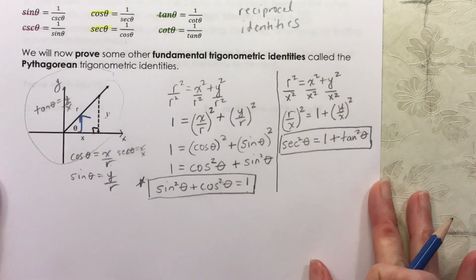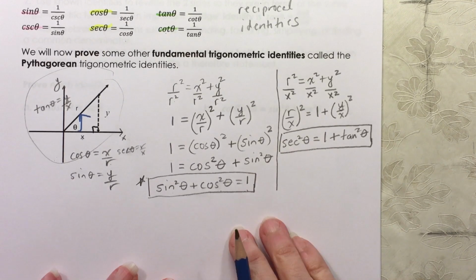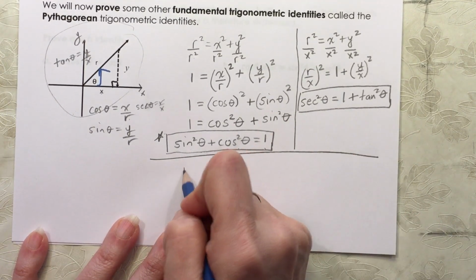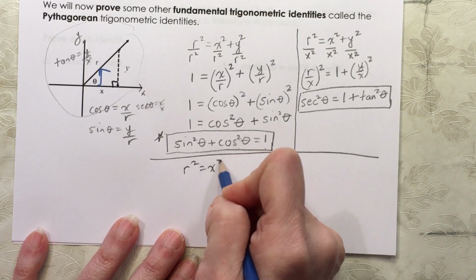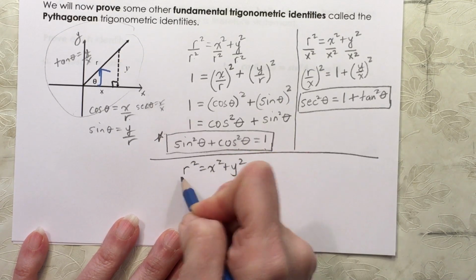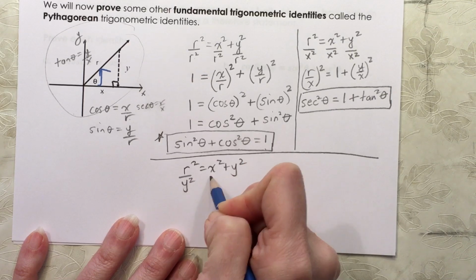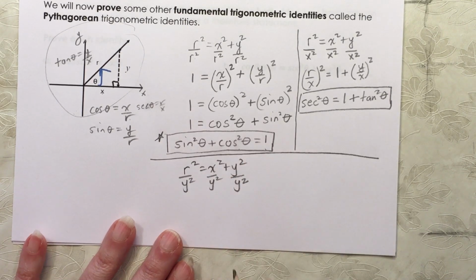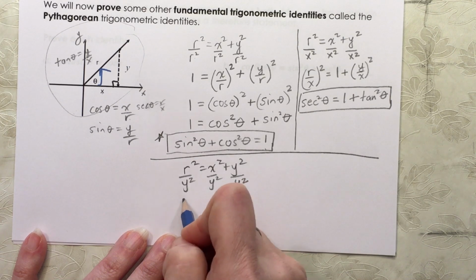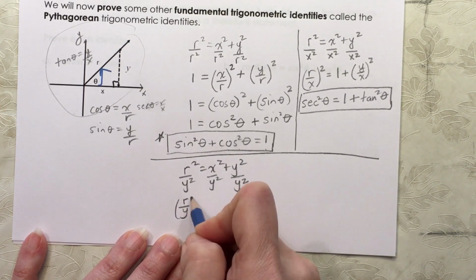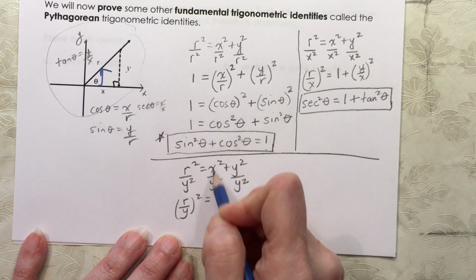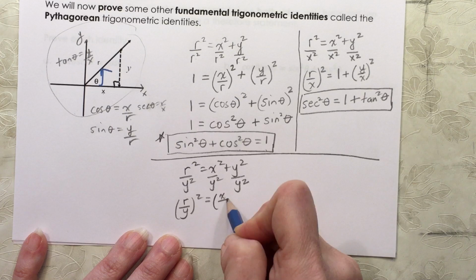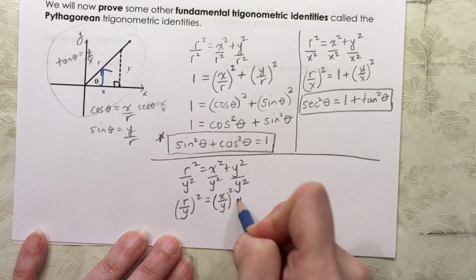And then hopefully you could imagine how we would go about getting the third one. So again, we're going to start with r squared equals x squared plus y squared, but now we're going to divide both sides by y squared this time. And then we can write r squared over y squared as (r over y) all squared. x squared over y squared can be written as (x over y) all squared, plus 1.